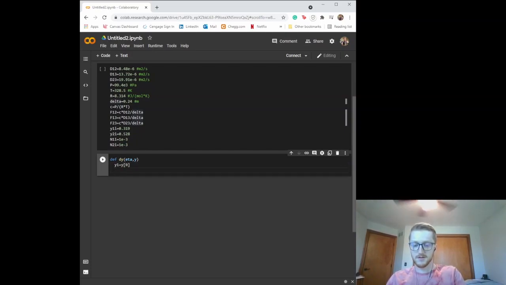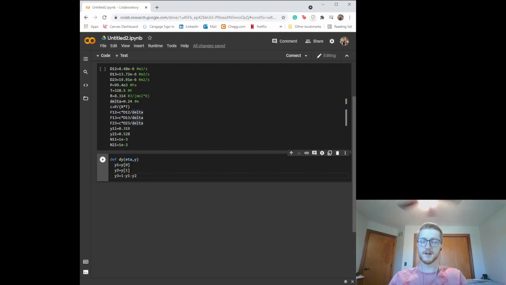And then also the mole fraction of methanol as the second value of the array, which is y[1]. And then we can also define the mole fraction of air to be 1 minus y1 minus y2. That's just by definition of the mole fractions all having to add up to 1.